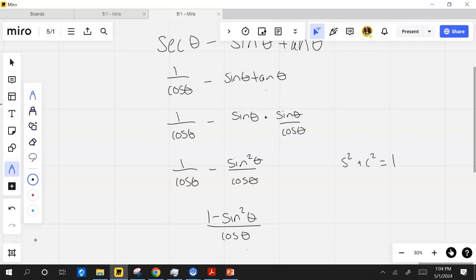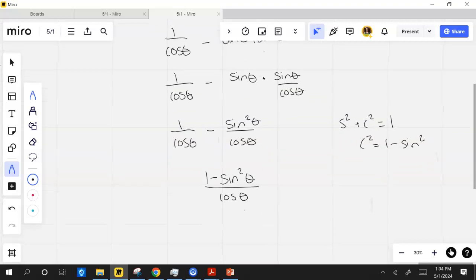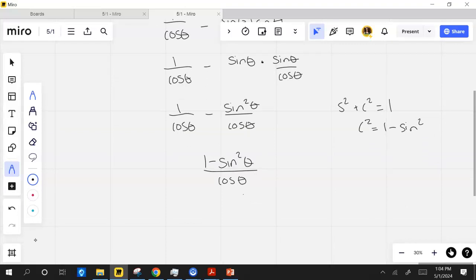If I move the sine squared over, I get 1 minus sine squared. So would you all agree that 1 minus sine squared is the same thing as cosine squared? There are 2 cosines up top, 1 in the bottom, which means it just simplifies to cosine.